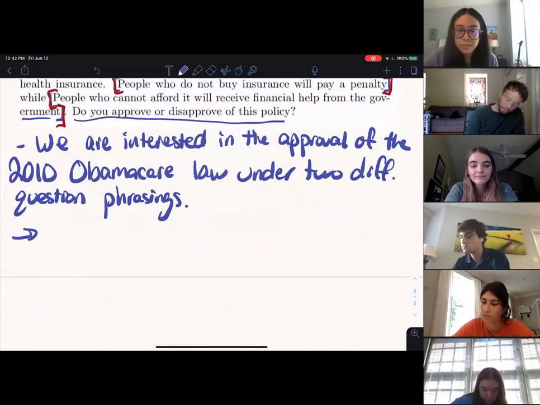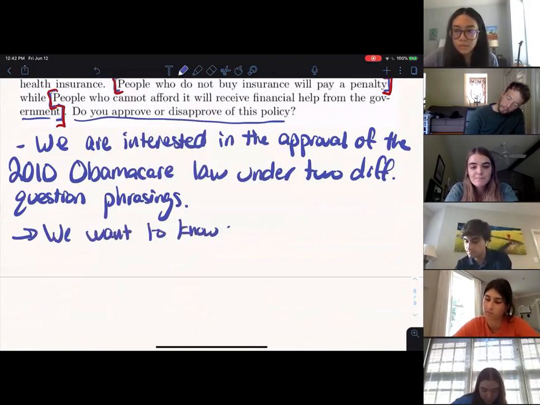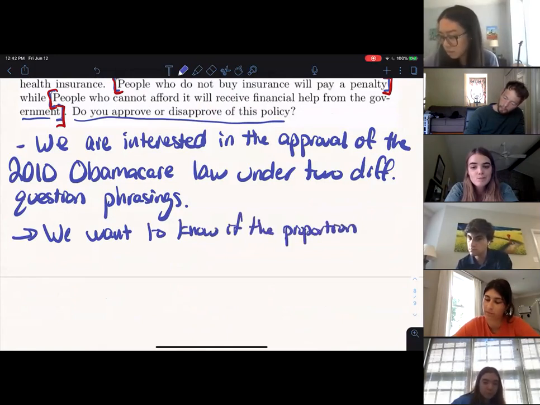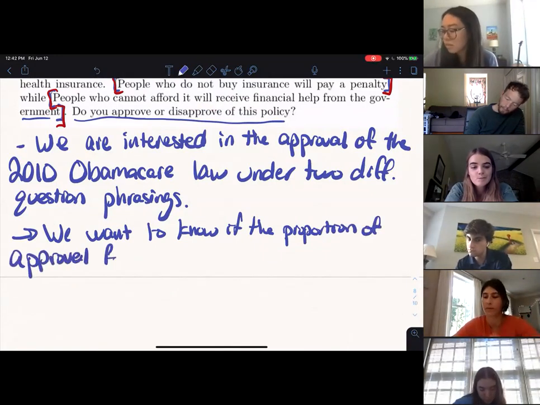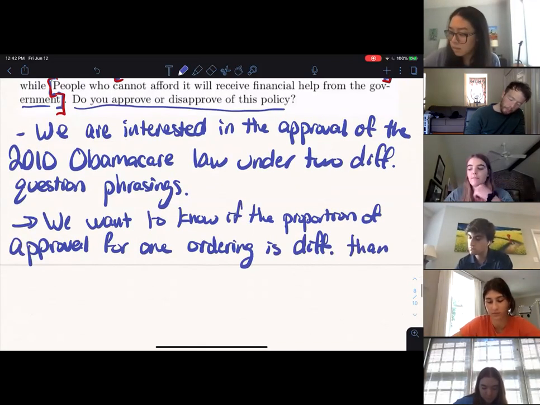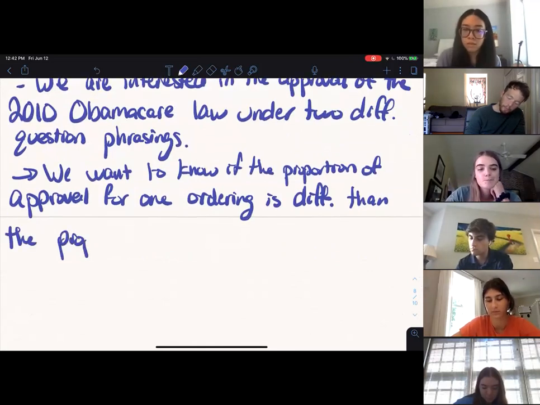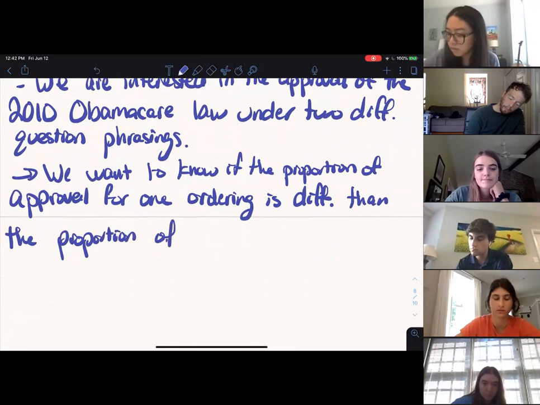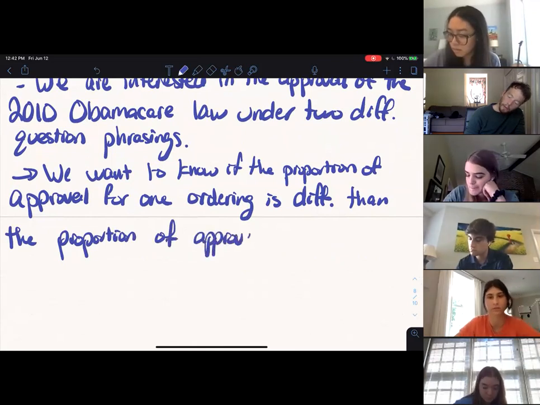So we want to know if the proportion of approval for one ordering is different than the proportion of approval for the other ordering.